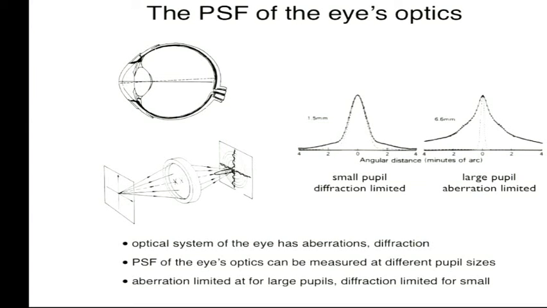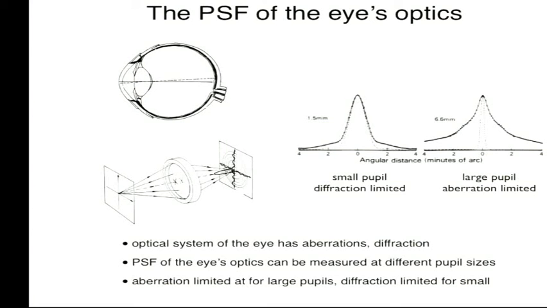So if we want to know the optical quality of the eye, we can characterize it in terms of its point spread function. Here are two point spread functions of the eye at different pupil sizes. We all know the pupil opens and closes. So when are you going to get the most diffraction because of an aperture or a pupil?